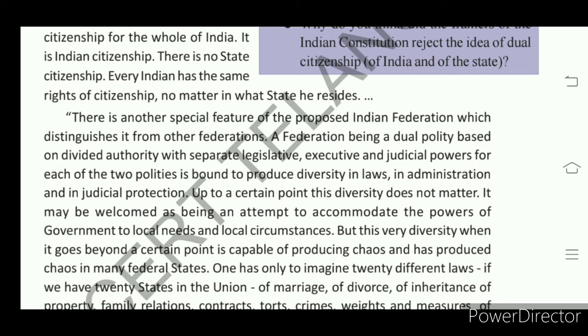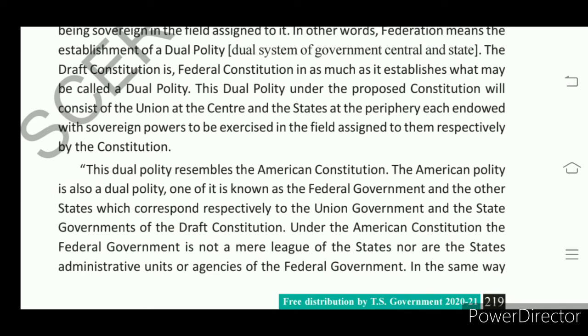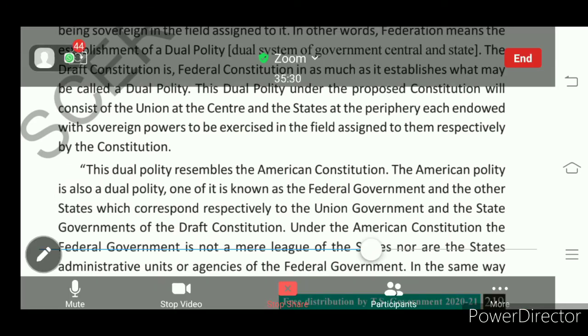Supreme Court is the apex court in India. So the law procedure is same from Supreme Court to High Court to lower courts up to the bottom. We have dual polity with a single citizenship.